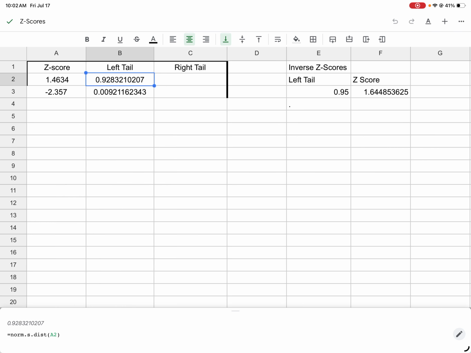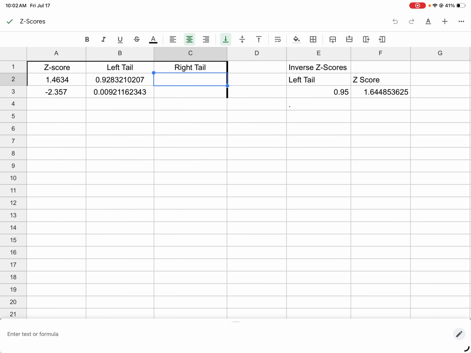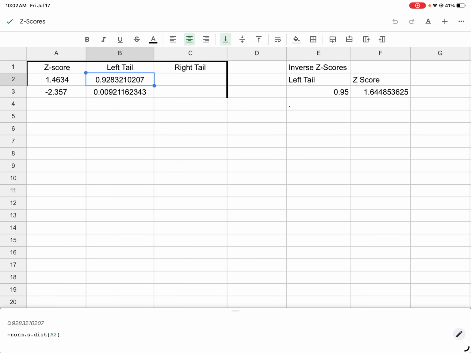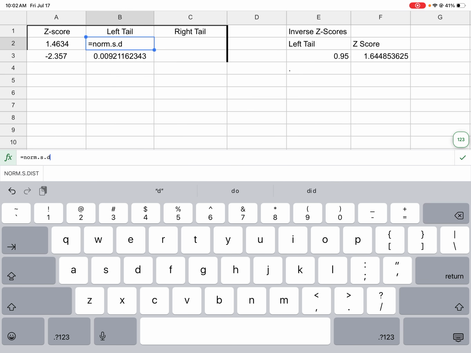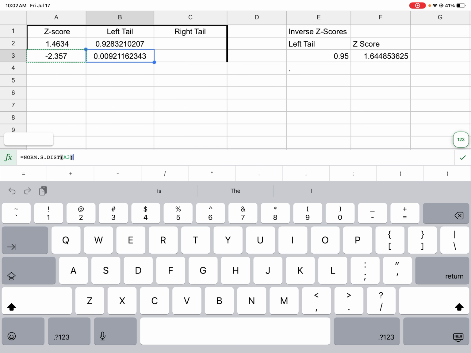It did, but I don't want the left tail for this problem. I want the right tail. So let me just do the whole process just in case we're confused. I have the z-score I want. I'm going to grab the left tail, NORM.S.DIST, and I'll put the z-score there. But this problem just wants the right tail.